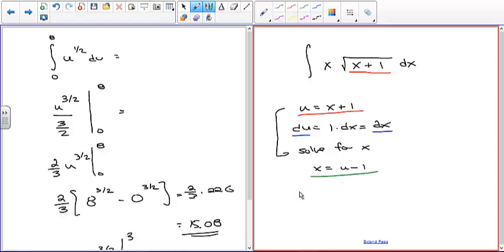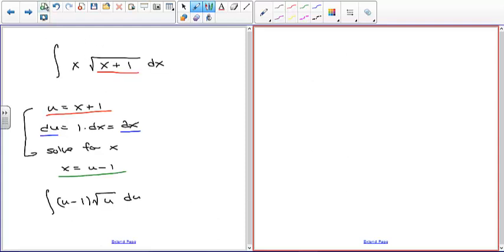So what you end up with is for x, I put in u minus 1. For the square root of x plus 1, I have the square root of u. And for dx, I have just du. So now I've rewritten this in terms of u. And you might not think it's any better because it's got about the same amount of terms.